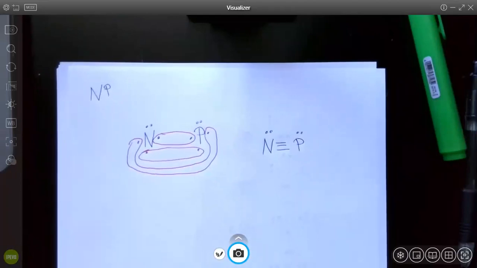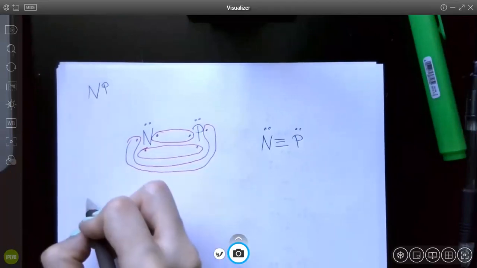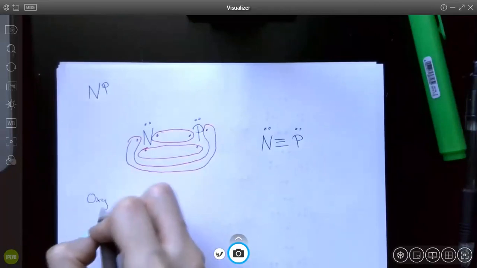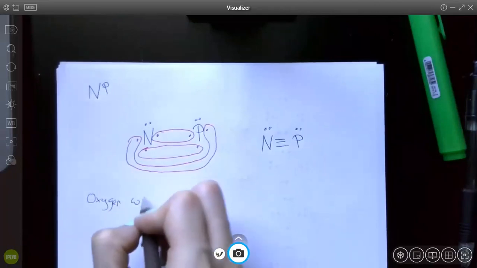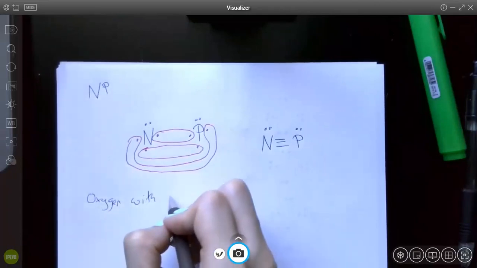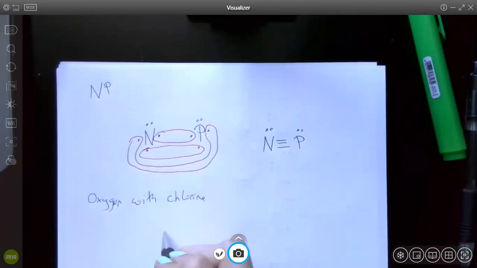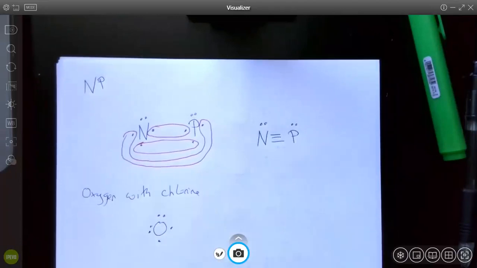Okay, let's try another one. I am going to bond, let's say, oxygen with chlorine. So I'm going to start with my oxygen, which has 6 valence electrons.